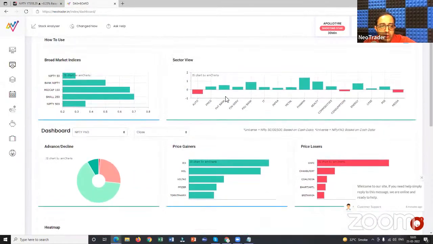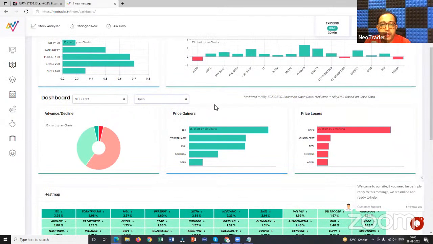When I take a look at the dashboard, I can see that the market has opened bullish, but we are not seeing a resounding bullishness yet. Why? Because the market is moving in a tentative phase. When I see the market from the close, everything seems bullish, but when I put it from the open, this is the beauty of NeoTrader.